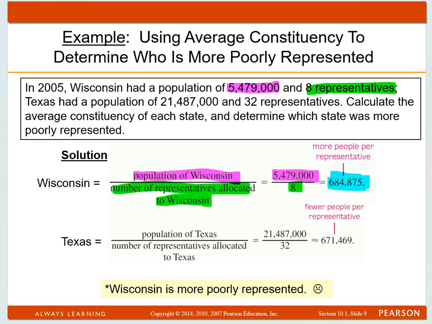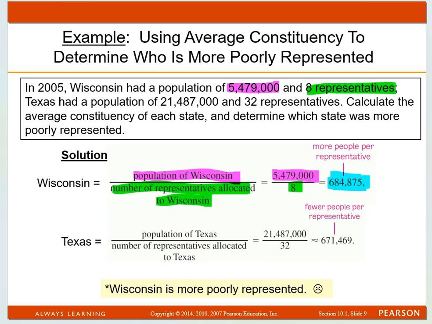That means that each one of those 8 representatives is assigned 684,875 different people who live in Wisconsin. And that means that on any given day, one of those representatives could get 684,875 phone calls complaining about something going on in Wisconsin that they want fixed. Because that's what your representatives are for, right?